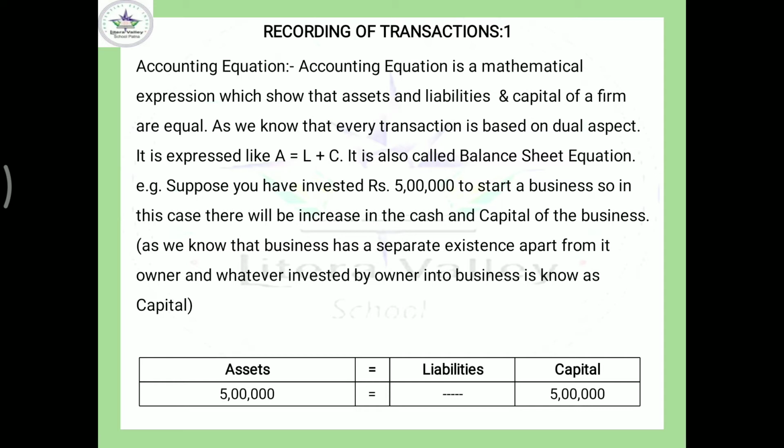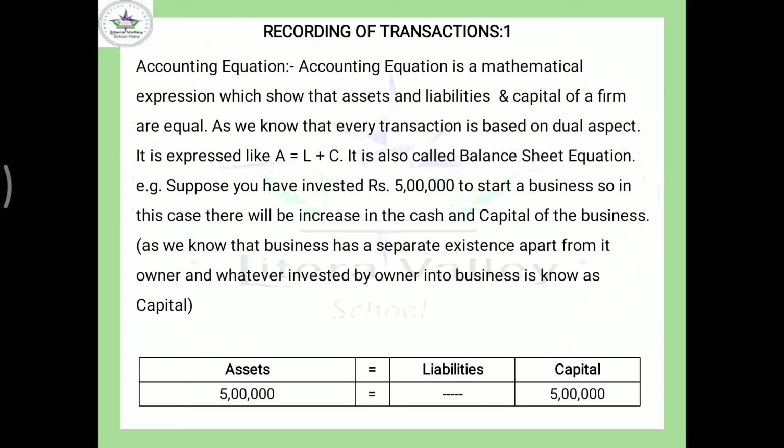So here is the effect that is produced. Asset 5 lakh, no effect on liabilities, and capital is 5 lakh. The same in the cash balance of business, it will also increase by 5 lakh.